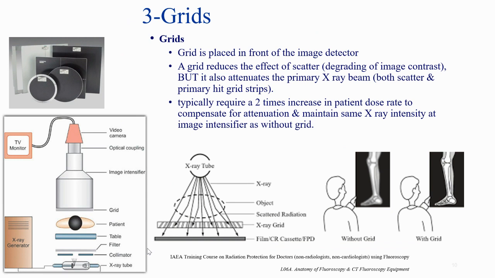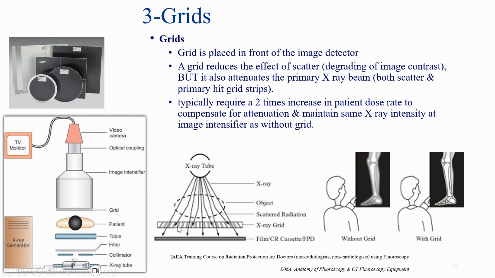The third parameter we have is the grid. The grid is placed in front of the image detector. A grid reduces the effect of scatter, which degrades image contrast, but it also attenuates the primary X-ray beam; both scatter and primary hit the grid strips. As you can see here, the grid is composed of strips.